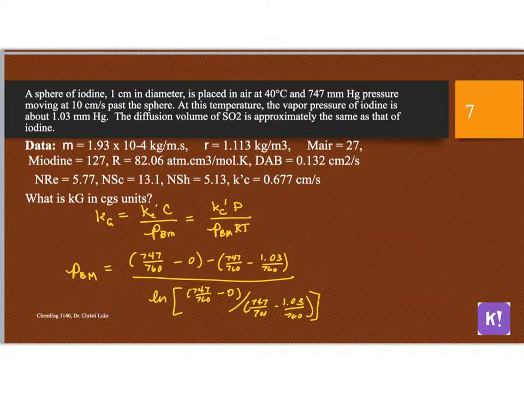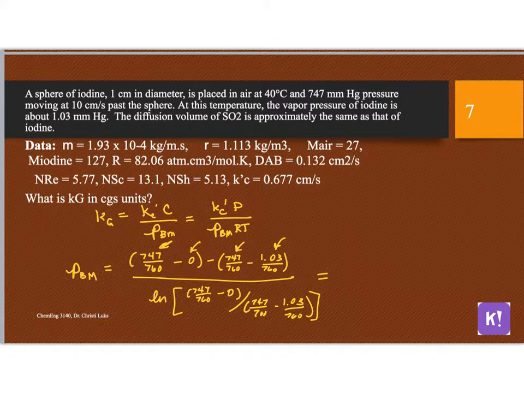Okay, so this is my vapor pressure of iodine taken from the pressure that is my total pressure to give me the partial pressure of the air. And when there is no iodine, this is the partial pressure of my iodine taken from the total pressure. So this is the partial pressure of the air at the two different locations, or I guess times.